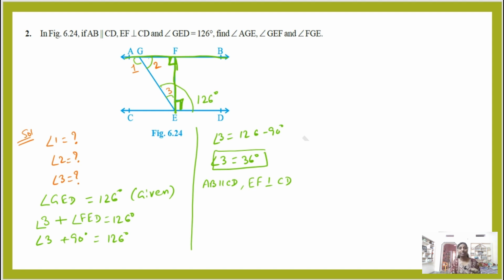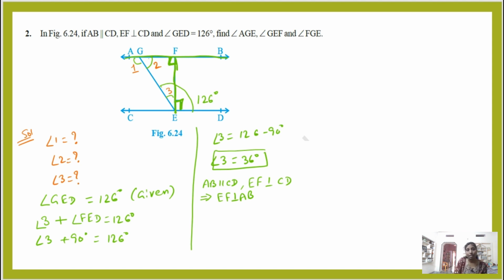Then we will apply the angle sum property in triangle GEF. It means AB is parallel to CD, EF is perpendicular to CD. It implies EF is also perpendicular to AB. It means we can write this angle will be 90 degrees.